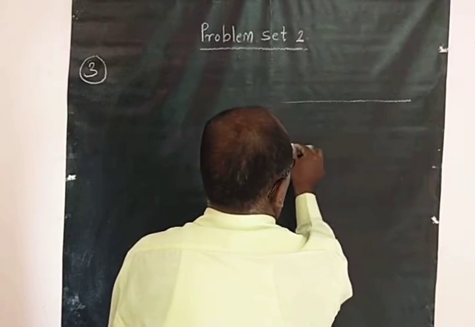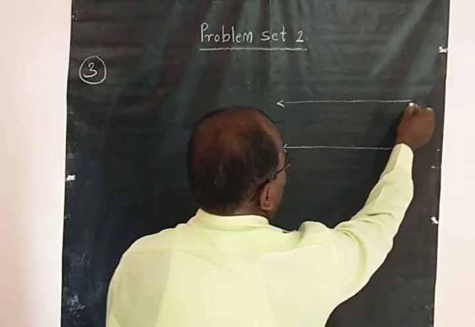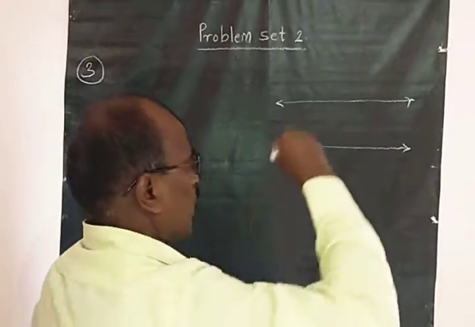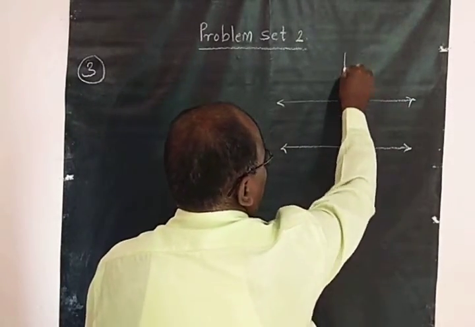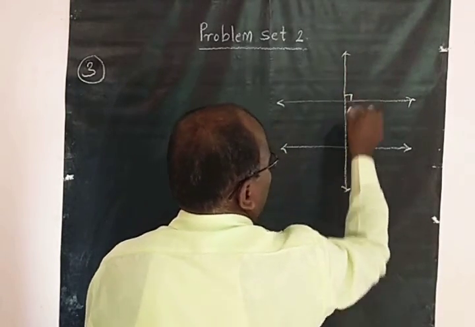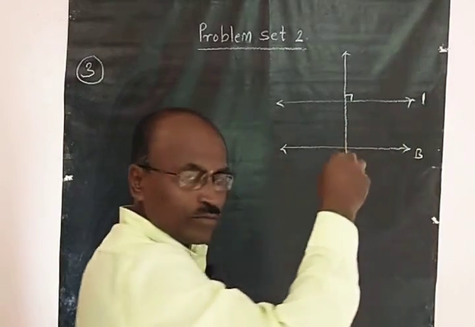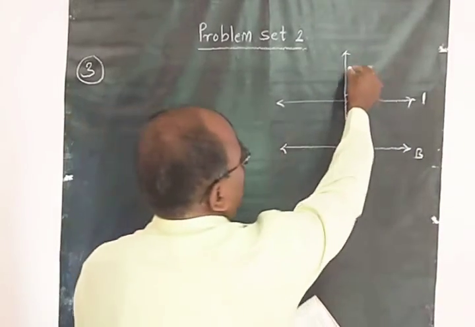First of all, draw the two parallel lines. So here these two lines are parallel to each other, and suppose it is the line which is perpendicular to one of the line. So line L and line M are there.